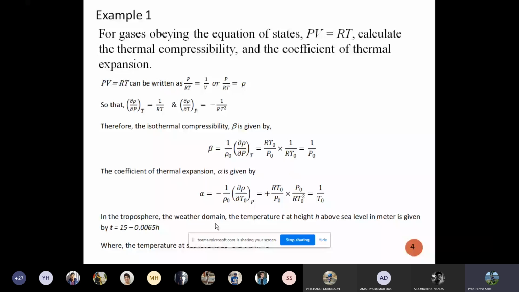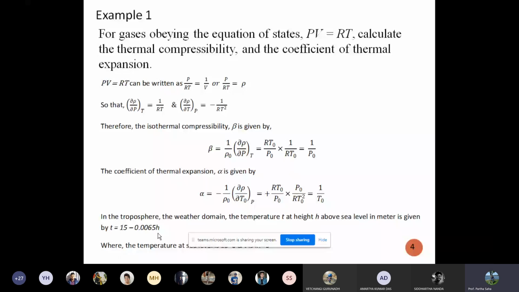Anyway, in the troposphere, the weather domains, the temperature T at a height h above sea level in meters is given by T equal to 15 minus 0.0065 h. Actually, what happens in the troposphere is that as you go up, the air becomes thin and temperature decreases. So temperature and height are related.